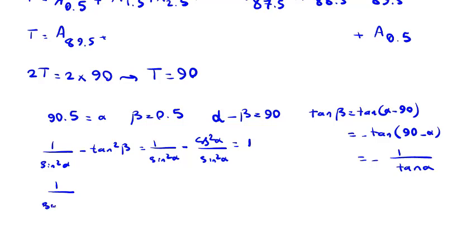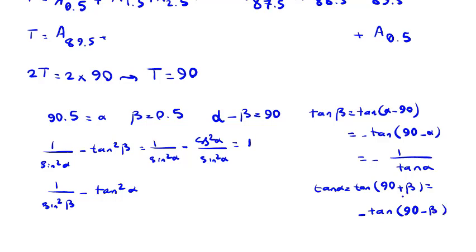Also, if you write 1 over sine squared beta minus tangent squared alpha, what is it? Tangent alpha is tangent 90 plus beta. It equals negative tangent 90 minus beta, because the sum of them is 180.